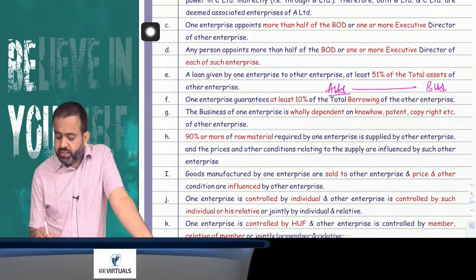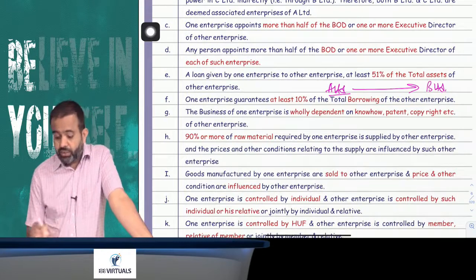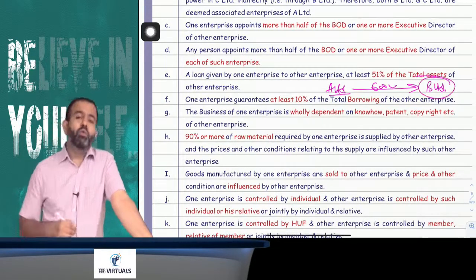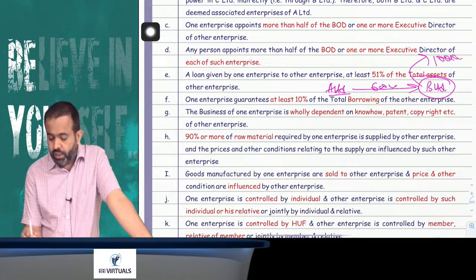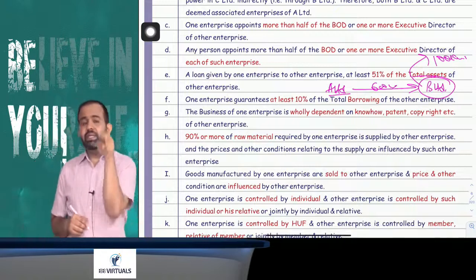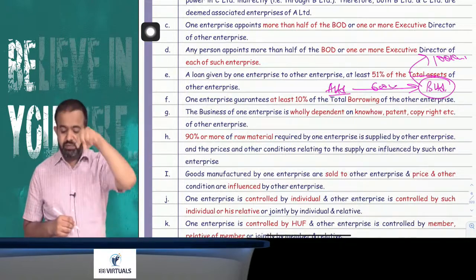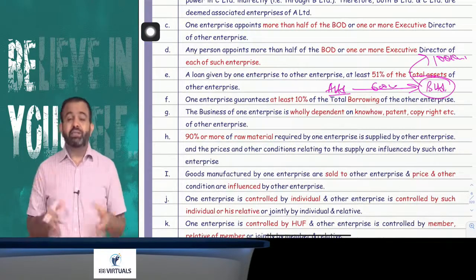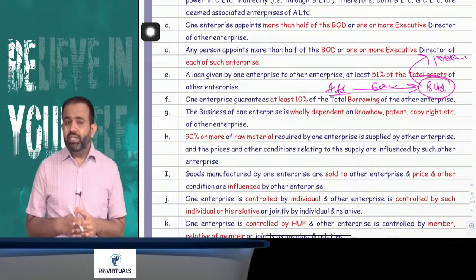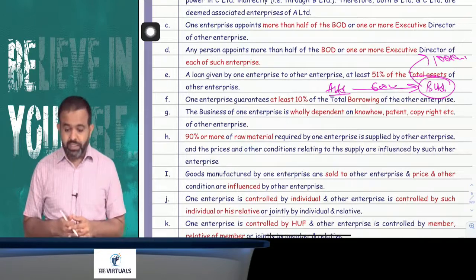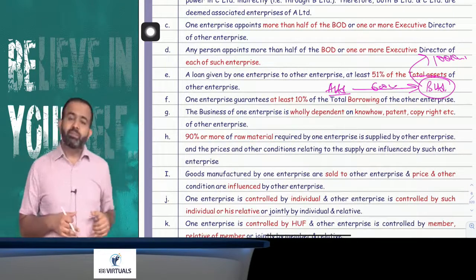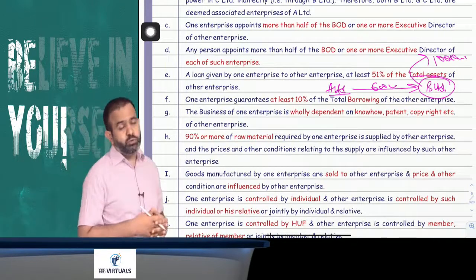Now A Limited is giving a loan to B Limited and the loan amount is suppose 600 crore, and B Limited's book value of total assets is 1000 crore. So here 60% of total assets is loan given by A Limited. It means 51% or more is loan given by one enterprise, then both enterprises will be treated as associate enterprises. So in this particular example, A and B Limited will be treated as associate enterprises.